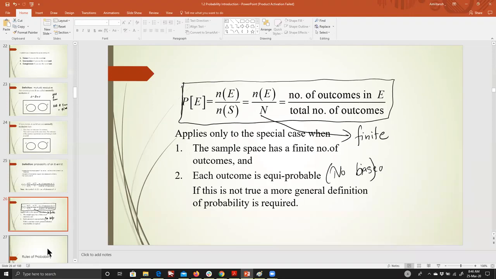What was the P of E? E is the event. P is a probability. I hope you remember the chapter, right? There is no difference between the first and the second, right? Number of samples and number of outcomes are both the same. Basically, number of samples is represented by a capital N as well.